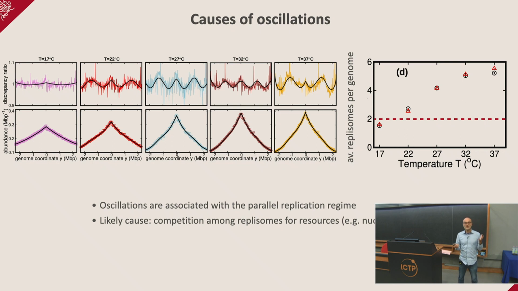If there is some degree of competition among replisomes, for example, for nucleotides or for other enzymes, then it might well be that when the next round of replication starts, your velocity is decreased because you're lacking some common shared resources. Yes?